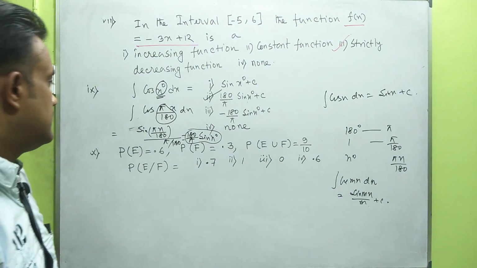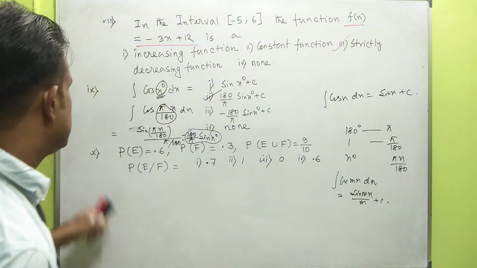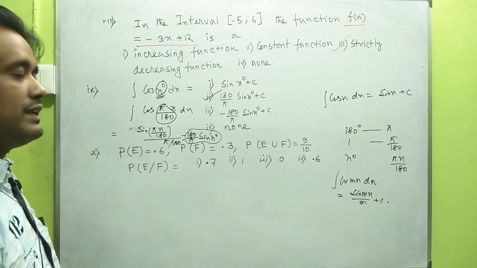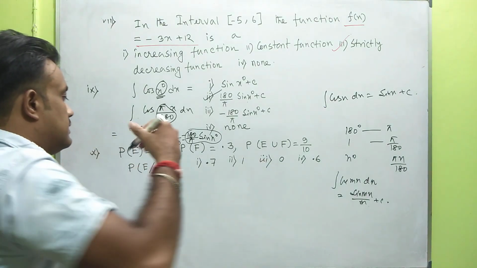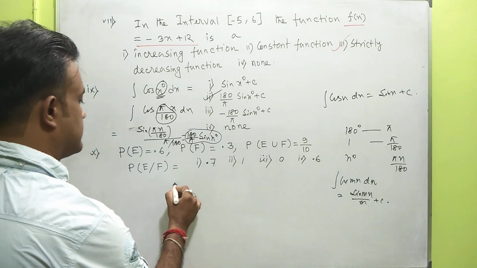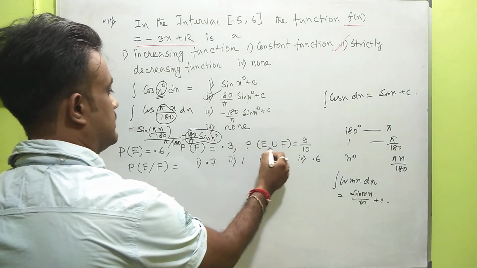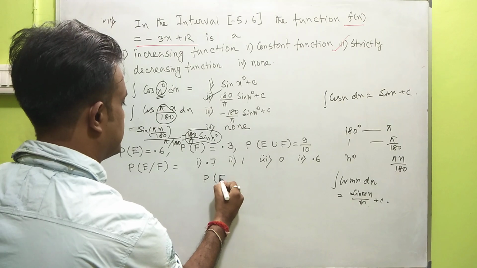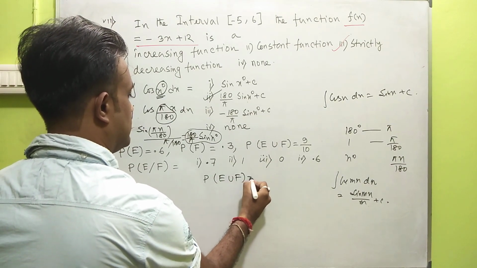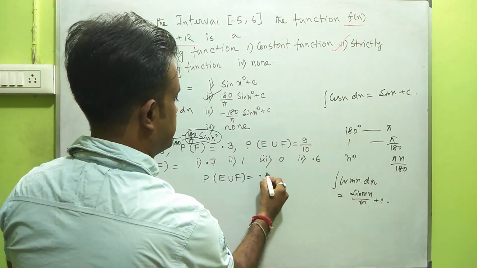And the number 10: P of E is equal to 0.6, P of F is equal to 0.3, P of E union F is equal to 9 by 10, that is 0.9.